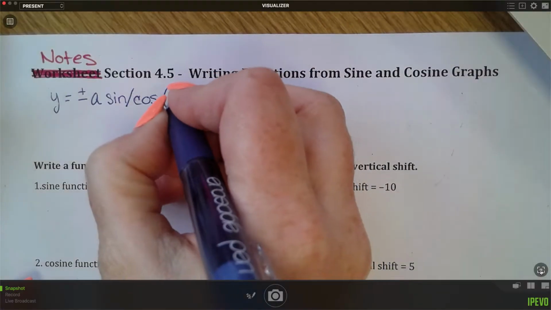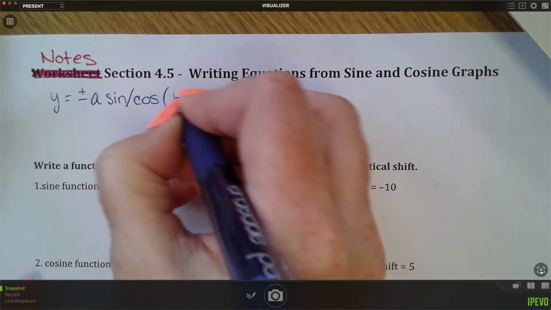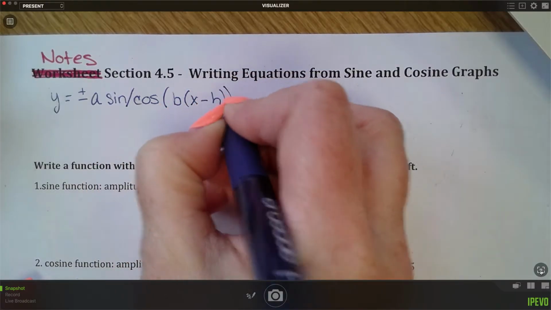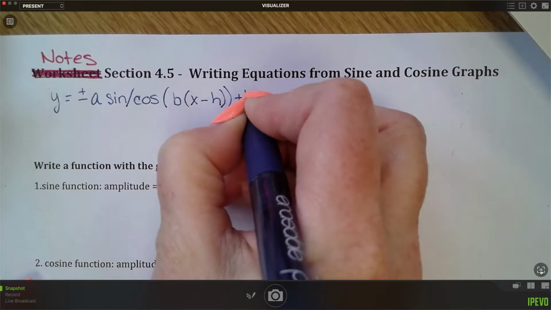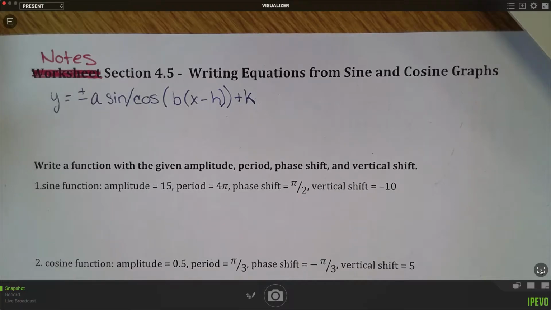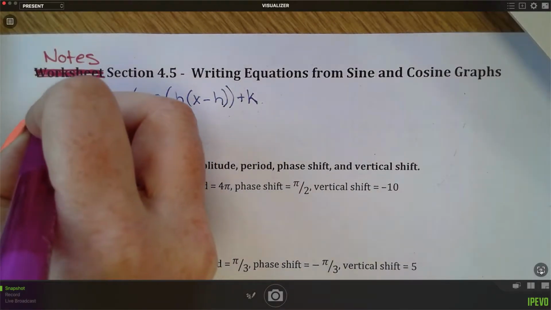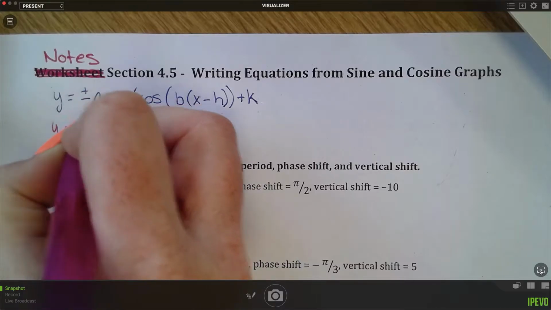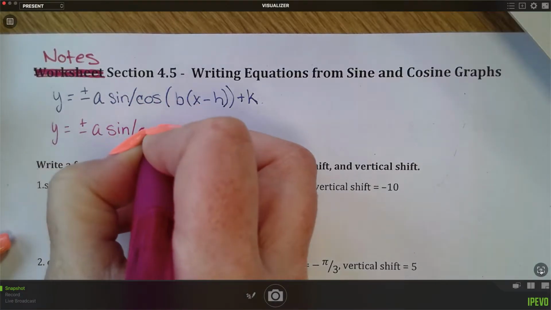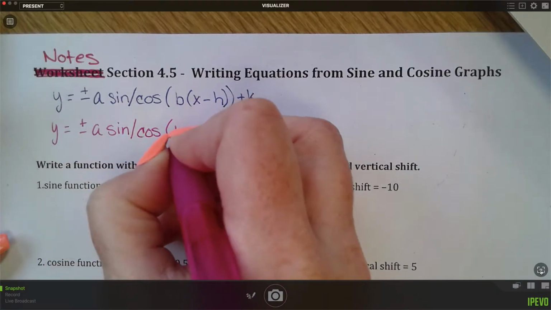So we will have b x minus h plus k. Now you notice the b is factored out of that, yes? Okay, so when we fill it in, it's going to look like that, but that's not going to be done. When we finish it, we will have plus or minus a sine slash cosine, and we're going to have to distribute our b.